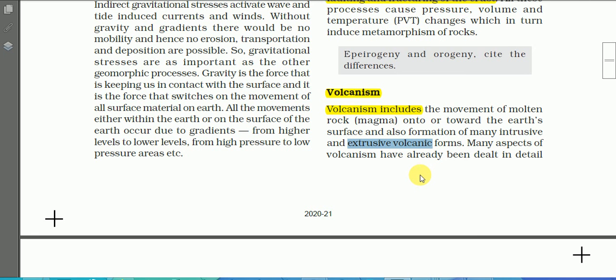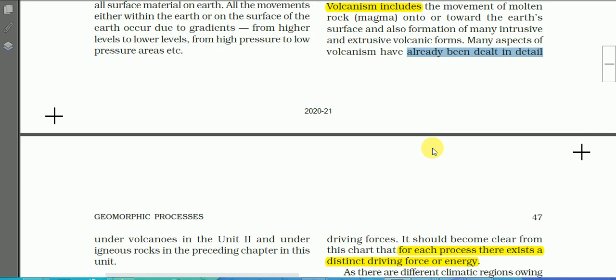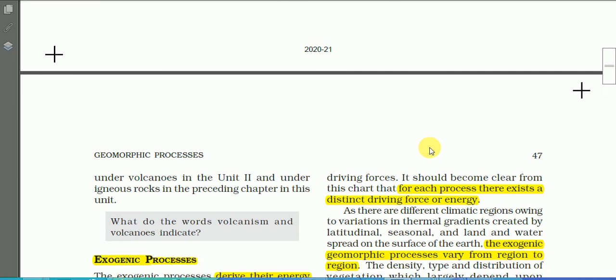Remember the different types of volcanic landforms like caldera, flood province, and different other types of volcanoes. And for the intrusive forms, those Pakoli, Lakoli, Sil, Dike, you have to recall all those terms. We shall not discuss volcanism in detail because we have already learned it earlier. It is also mentioned here, already dealt with in detail under volcanoes in unit 2.